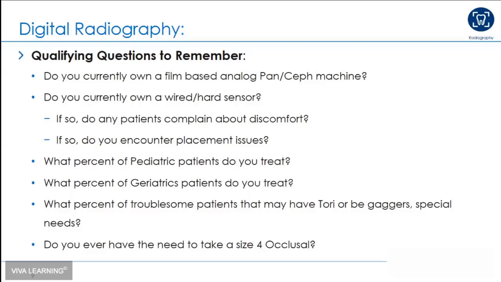If you own a wired or hard sensor, you've got to stop and think, are patients complaining about how hard it feels, how thick it is, how uncomfortable it is when you place it in their mouth? What do you do when you have a patient with mandibular tori that are prominent? How do you get that in comfortably for the patient? Or even maxillary tori can be very disturbing to the patient when you try and place this hard, rigid sensor in their mouth.